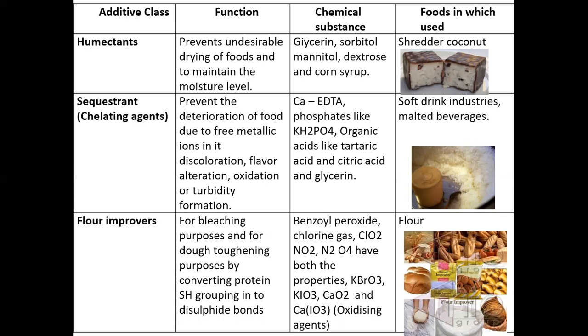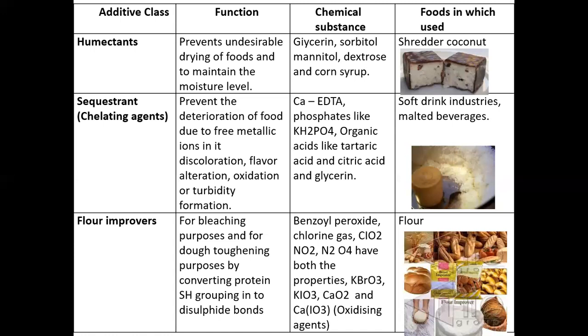The next one is sequestrant. Sometimes in certain foods, there can be free metallic ions, which can lead to discoloration, changes in flavor, oxidation, turbidity formation, etc. So these free metallic ions are bound by sequestering agents or chelating agents, which bind with all these unwanted metallic ions present in the foods.